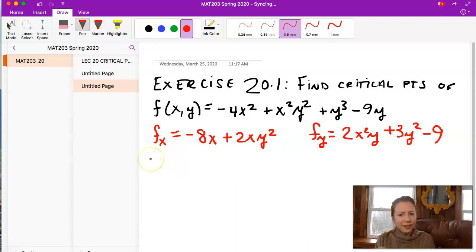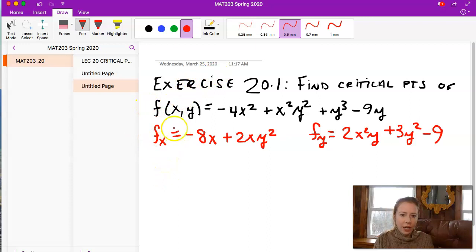So this is really the trickiest part of finding critical points. We need to determine where we have x or y equal to 0 or undefined. So we have to figure out where our gradient is 0 or undefined. So we have to do lots of factoring. We have to be very careful with our factoring that we don't oversimplify and lose our roots.